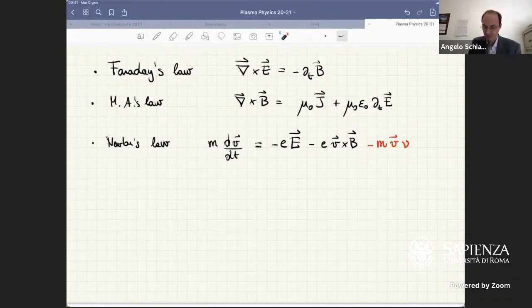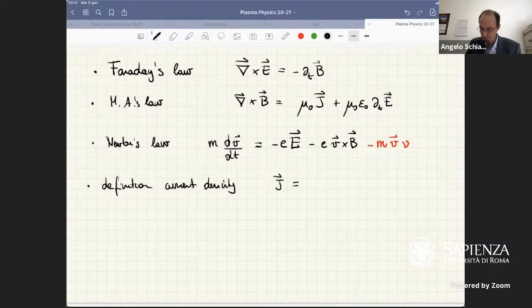And then we have to add an extra equation, the definition of current density, that just links the electron motion to the source term for the magnetic field. So minus E and V.